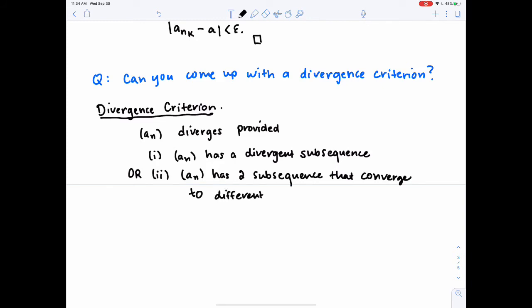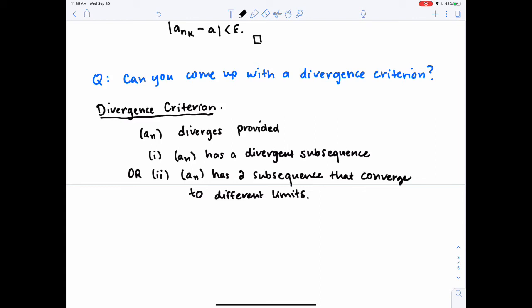This is very similar to what you've seen in calculus before, where if you wanted to show that a limit doesn't exist, you could show that the limit from the left and the limit from the right are unequal. And then that would say the whole limit doesn't exist. Well, it turns out limits from calculus are built on limits of sequences. And so this divergence criterion is actually laying the foundation for that fact that you're familiar with from calculus.